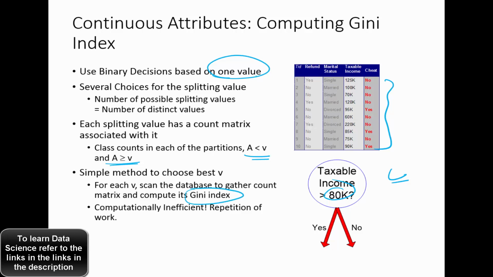For each v, that means for each threshold, and a threshold by the way can be any number in this income group, scan the database to gather the count matrix and compute its Gini index. Based on the Gini index, you find out where exactly your impurity is optimized, and take a decision on that. We have found that 80k is the case where it is optimized.